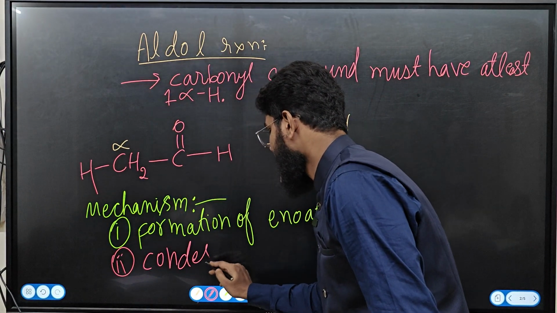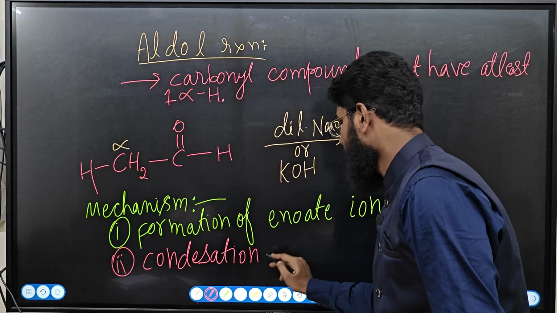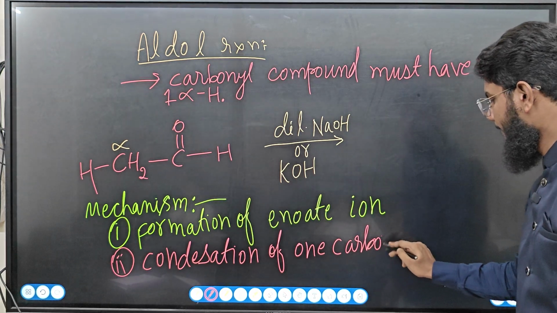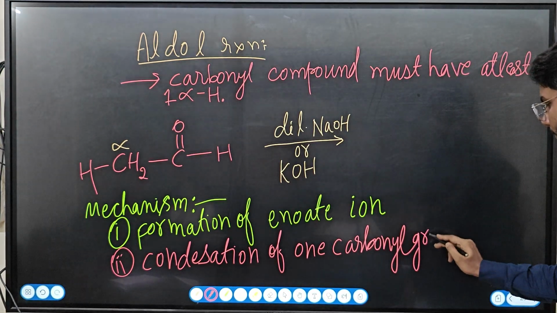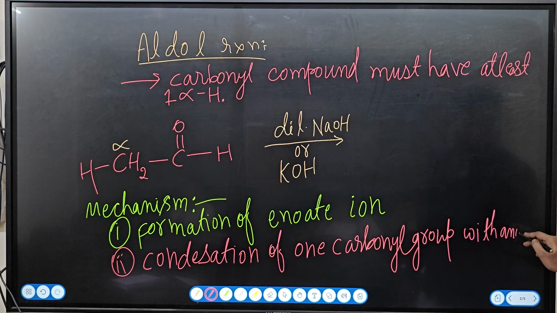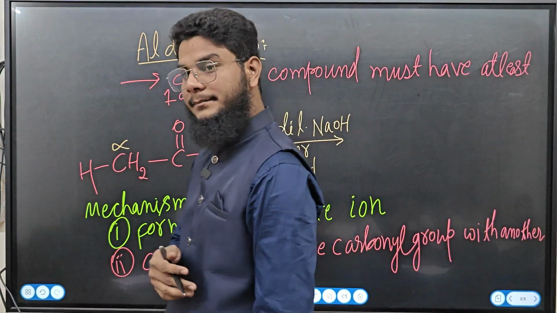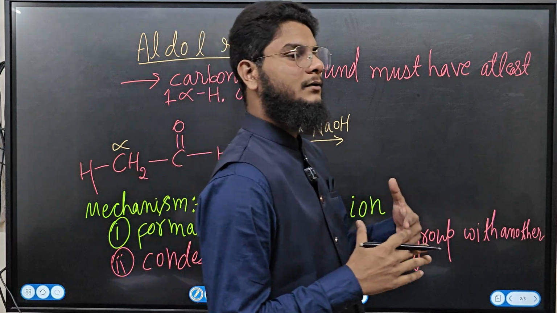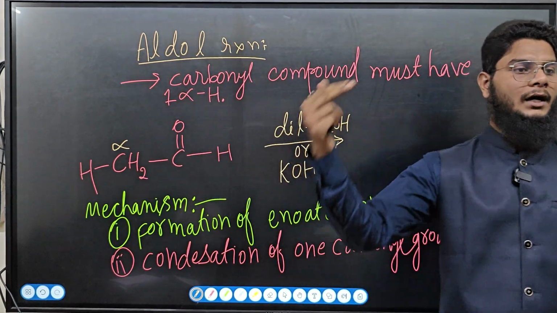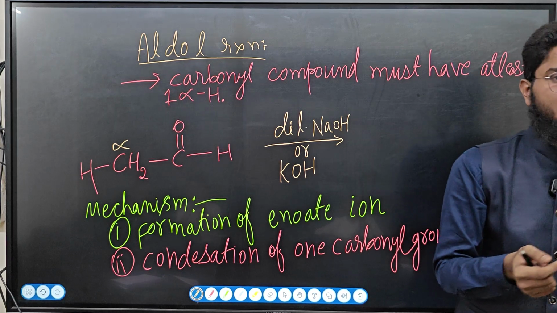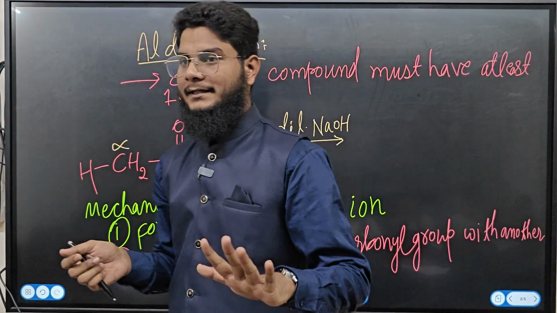You can say condensation of one carbonyl group with another. In the first step, there is the formation of enolate ion, and in the second step, one carbonyl compound will attack the other carbonyl compound, and they will join together. So there are two main steps in this mechanism.